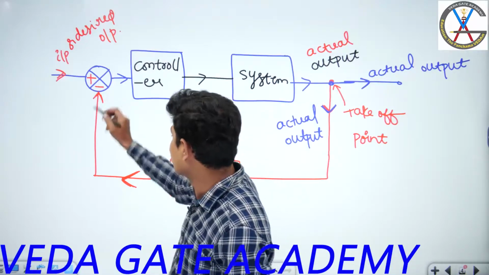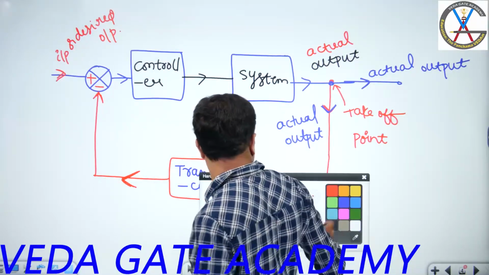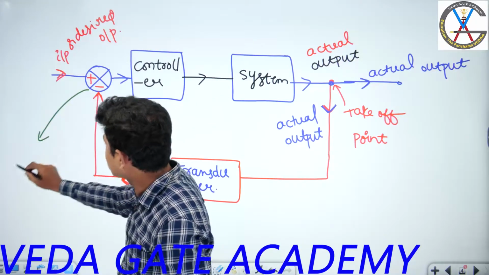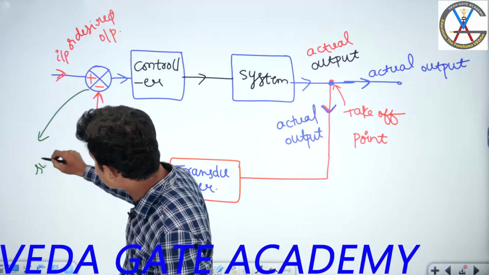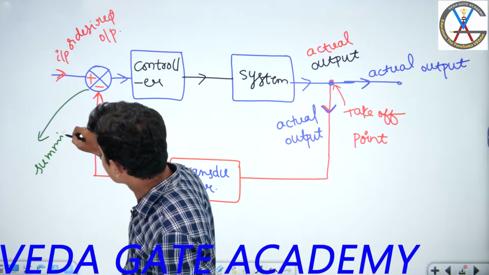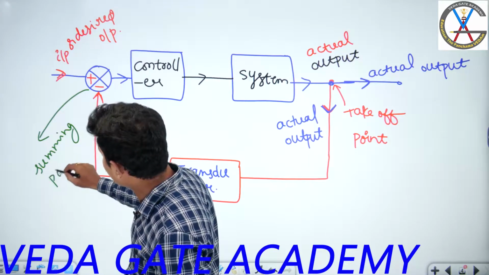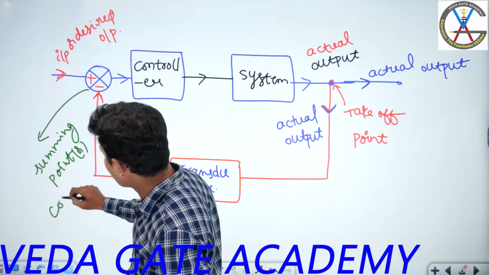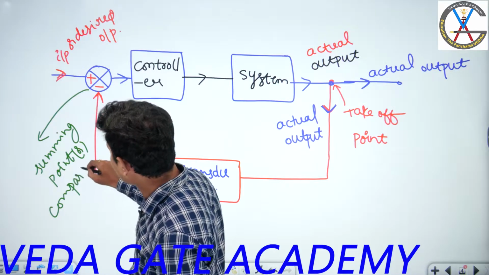Let's write its name. This is called what? Summing point. It is also called the comparator.